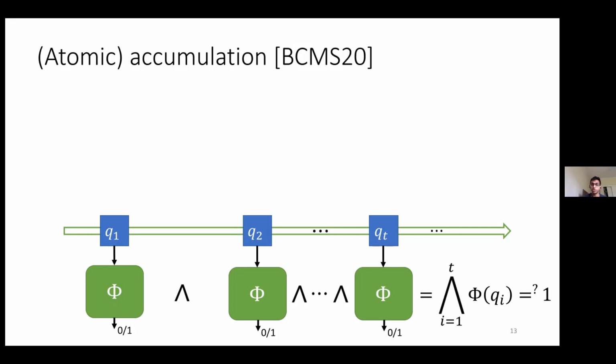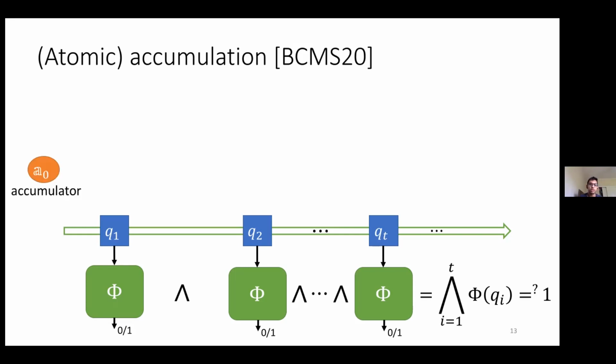It can be, for example, your SNARK verifier, or your PC evaluation proof checking algorithm, and so on. There's probably a bunch of useful primitive predicates that you could have. But basically, what you want to do is check that across time the sequence of queries satisfies the predicate at each time step. This is what you want to check, and an atomic accumulation scheme is a way to do that.